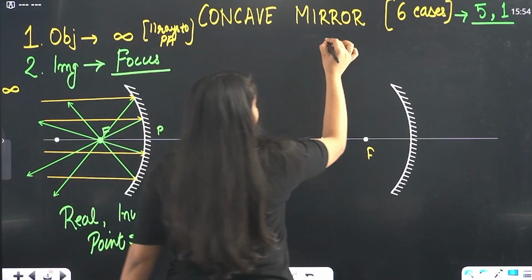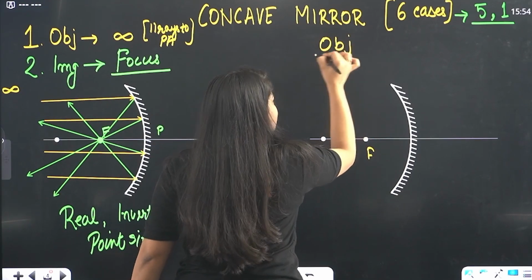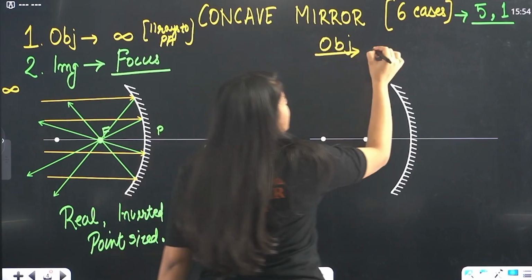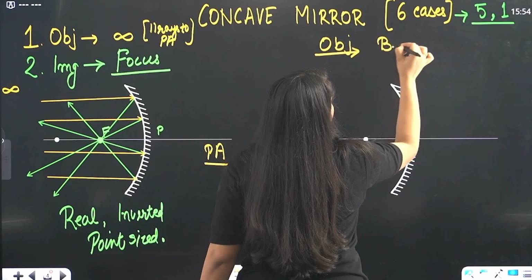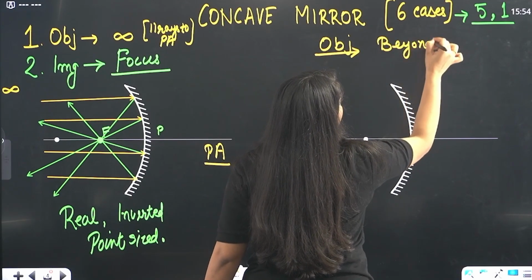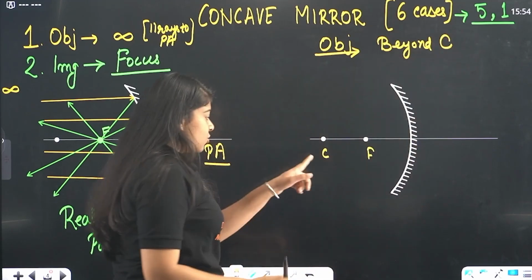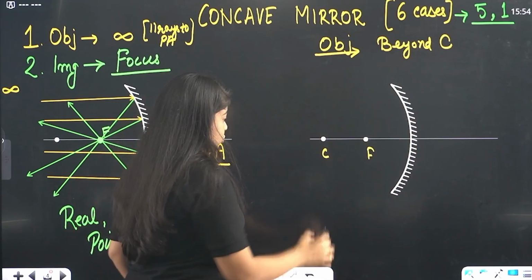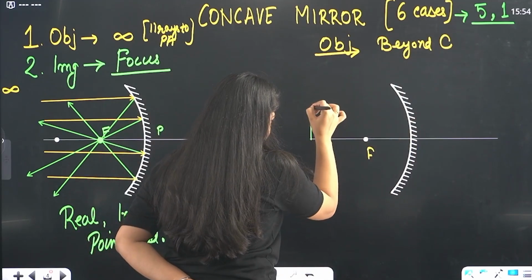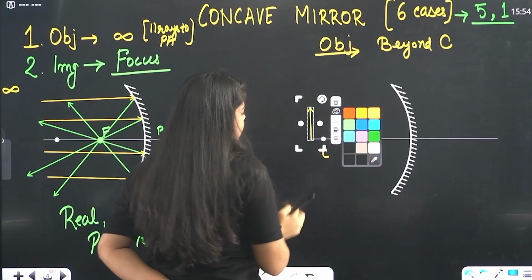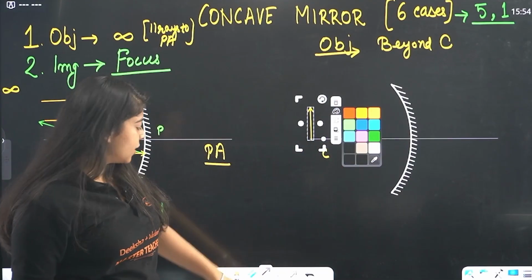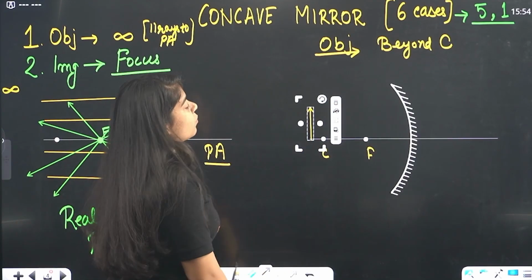Now I will bring it near the mirror, but it's still a little bit far. So the object is beyond C. C is your center of curvature. So your object now is somewhere here. Understood?